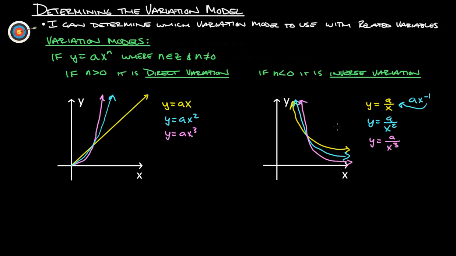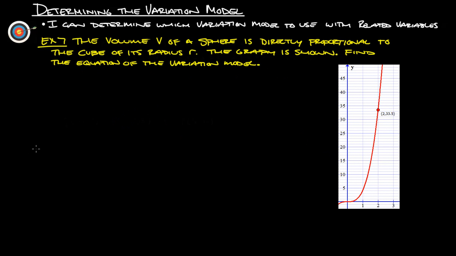So those are just general ideas to help you understand what's going on here, and this would be similar to example 7. The volume V of a sphere is directly proportional to the cube of its radius r. So let's write ourselves a little direct variation.